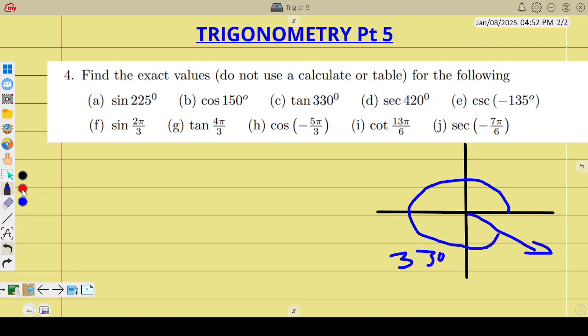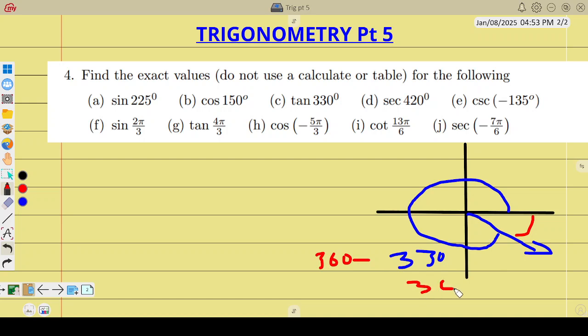Our helping angle, or the reference angle, is the angle between the x-axis and this resultant. How do we calculate it? We simply say 360 minus 330. What are we getting?